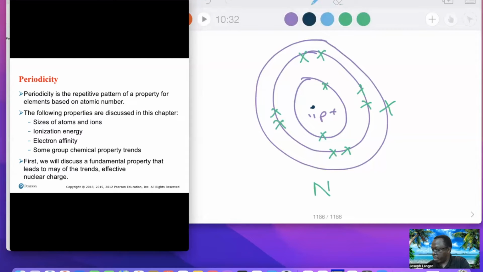This is number 11. Sodium is number 11. It has 11 protons. So effective nuclear charge here is simply the charge experienced by this valence electron.